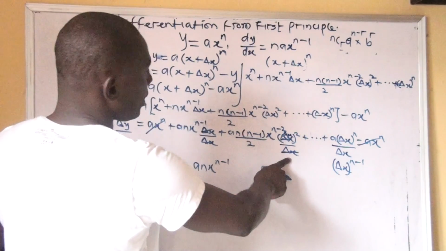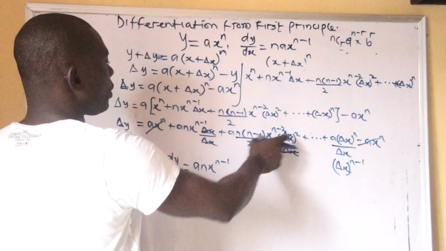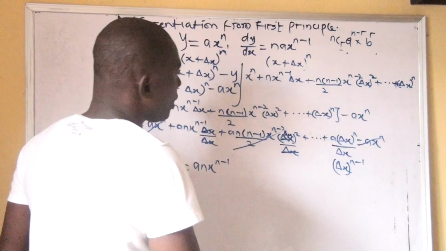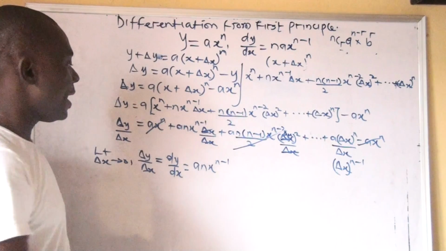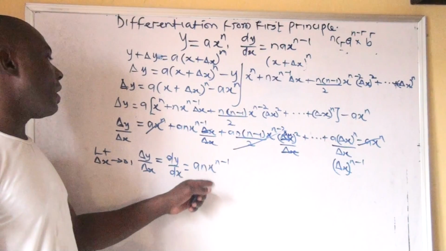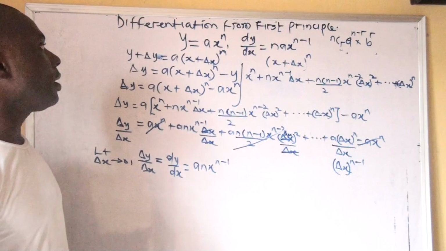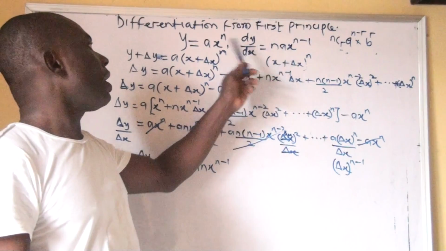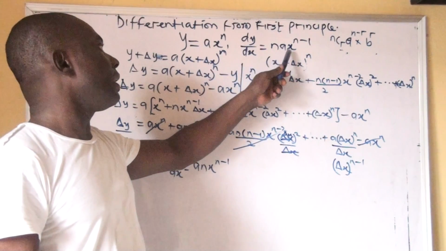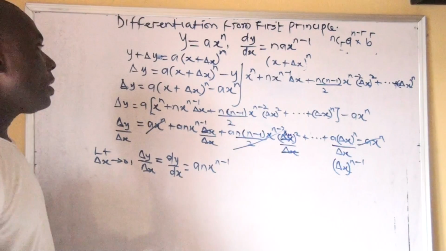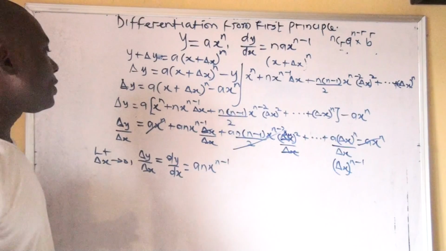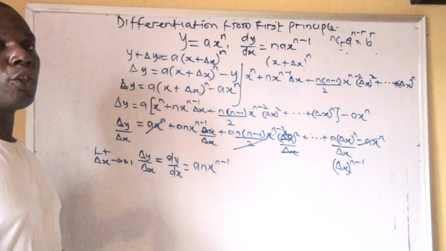Here, there is 1 delta x. If you put 0 here, that means all this will vanish. Similarly, this one will vanish, and our dy dx will become a n x raised to power n minus 1. That is why we say that dy dx of this function is n a x raised to power n minus 1. Okay, this is how we expand this from the first principle.